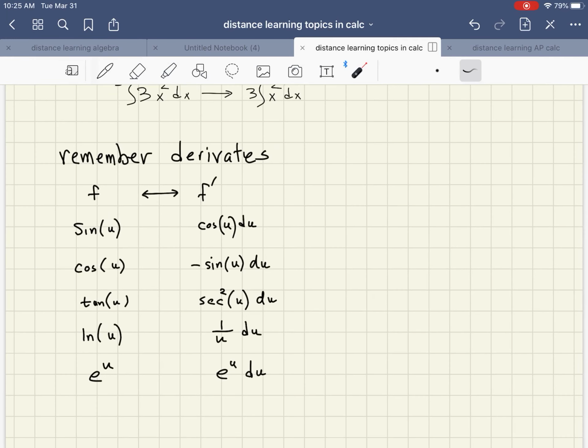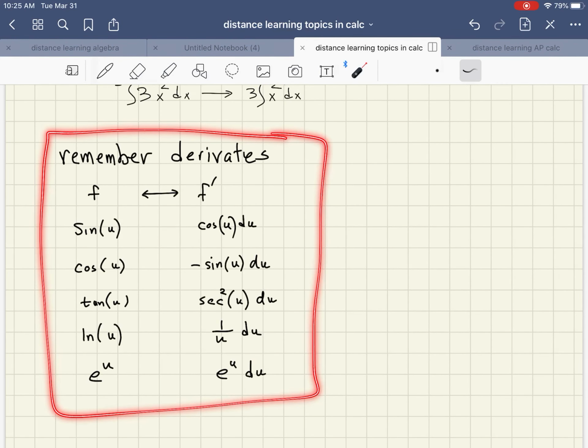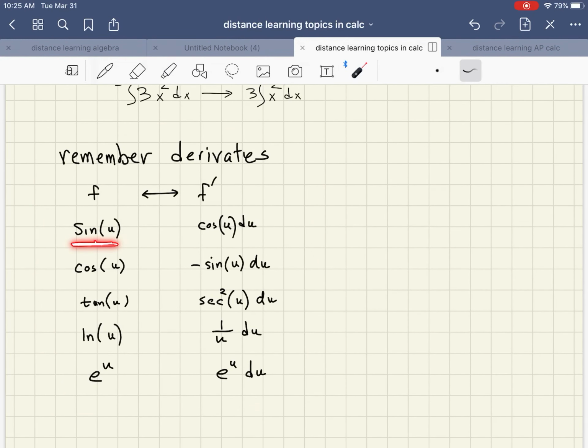Also, don't forget your basic rules. There are plenty more, but if you have the derivative of sine is cosine, well guess what? Now we can go backwards. If you have your derivative chart, or you find a derivative chart, if you know the derivative, now you can take the antiderivative just by going in the opposite order on this chart.